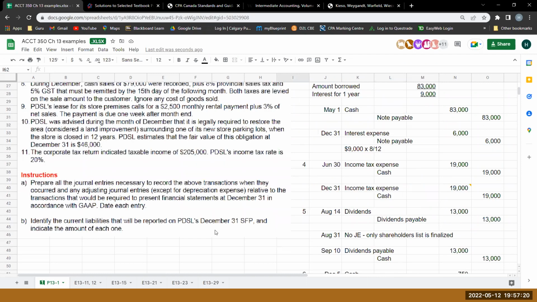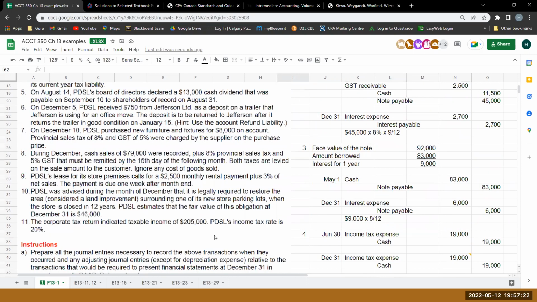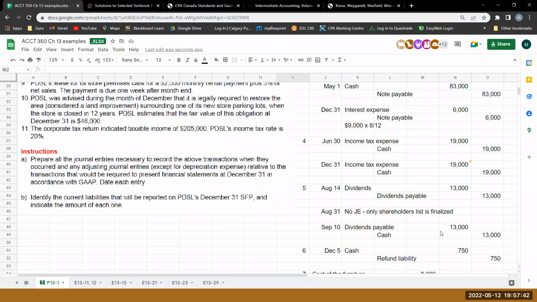Okay, number 8. During December, cash sales of 79,000 were recorded, plus 8% provincial sales tax and 5% GST that must be remitted by the 15th day of the following month. Both taxes are levied on the sale amount to the customer. Ignore any cost of goods sold.